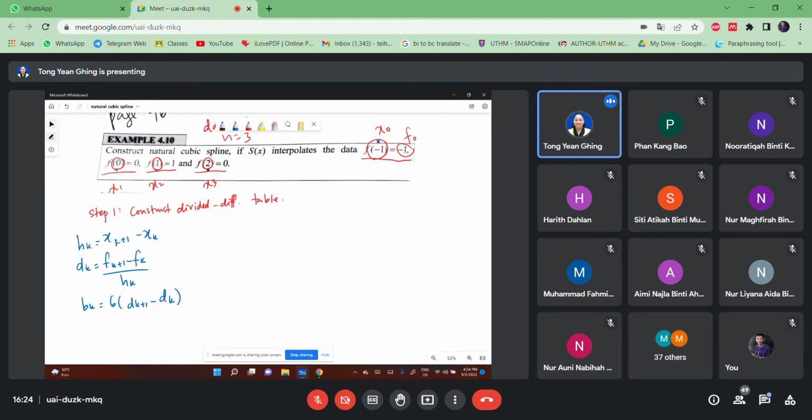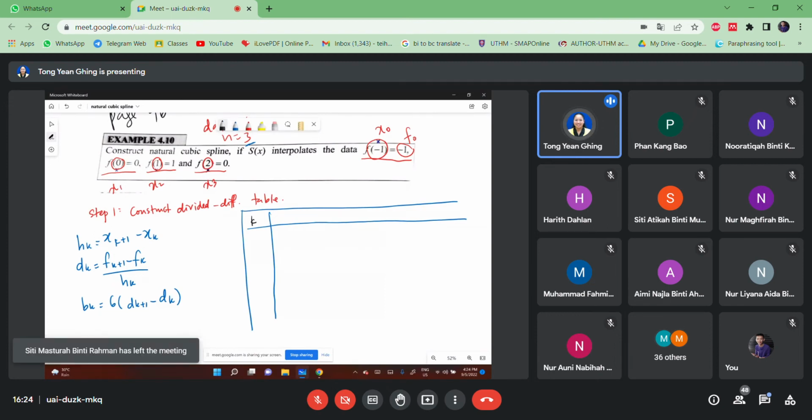Okay, so I will draw the table here. So the table, we will have k. So k is basically based on n. So if let's say our n is until 3, that means our k is until 3. So we will have 0, 1, 2, 3.